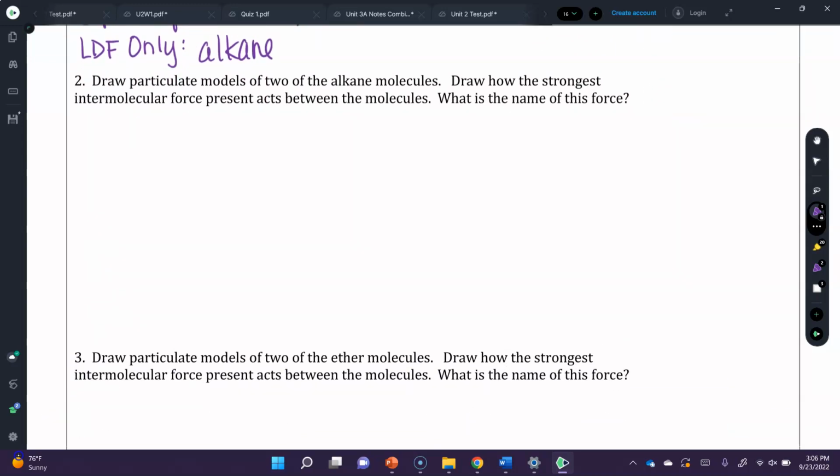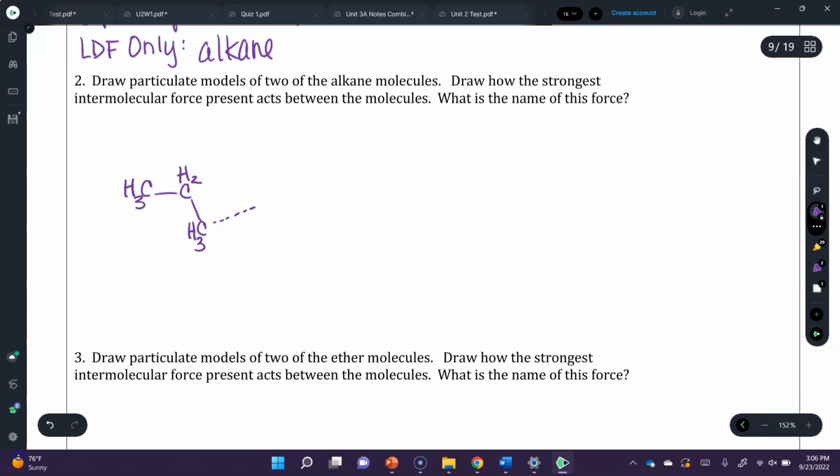Here, you will draw particulate models of two alkane molecules and show how the strongest intermolecular force acts between these. What is the name of this? Well, we would draw our CH3 bonded to a CH2, bonded to another CH3, and then somewhere in here you would draw it.